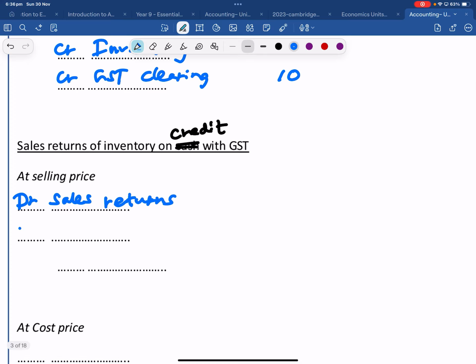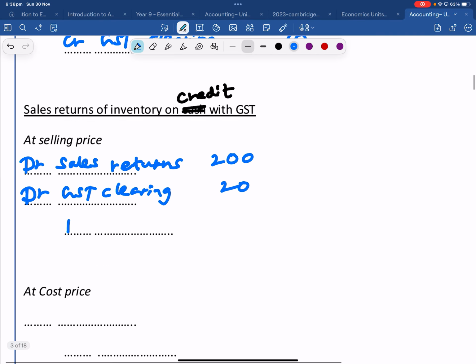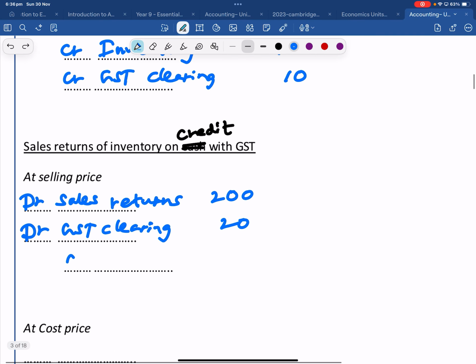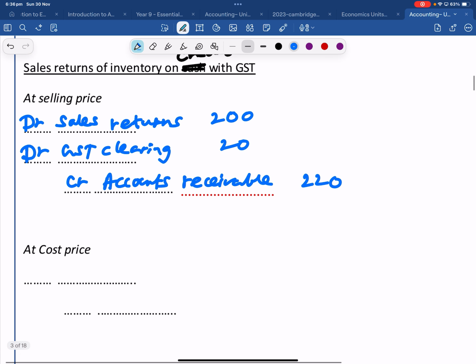We'll discuss it later. First, we'll write it. Debit GST clearing. We'll put the amount 220 and we credit accounts receivable 220.